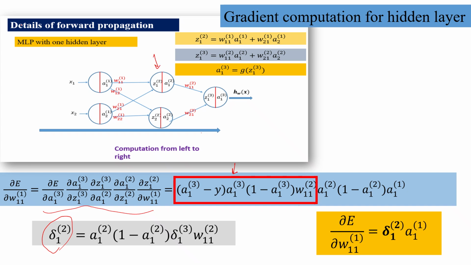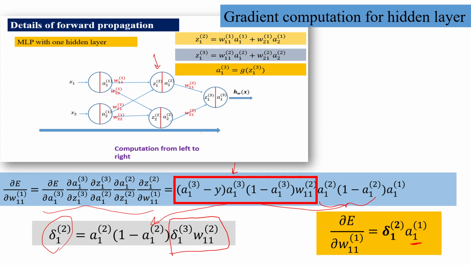So what is this? It is this component here multiplied by this whole delta 13 into W112. And then we write this gradient update as delta 12 into A11, which is again the input A11 coming through this weight to the node 1 of layer 2.